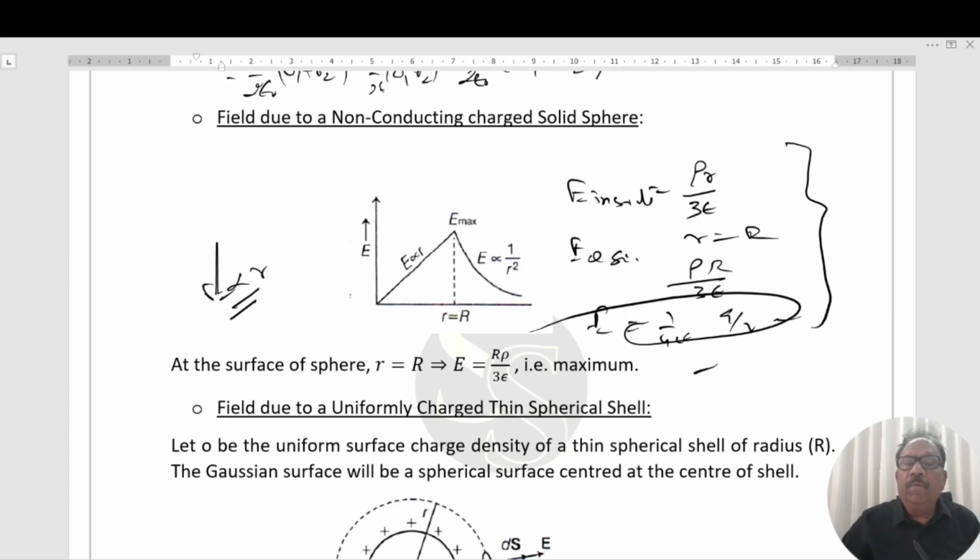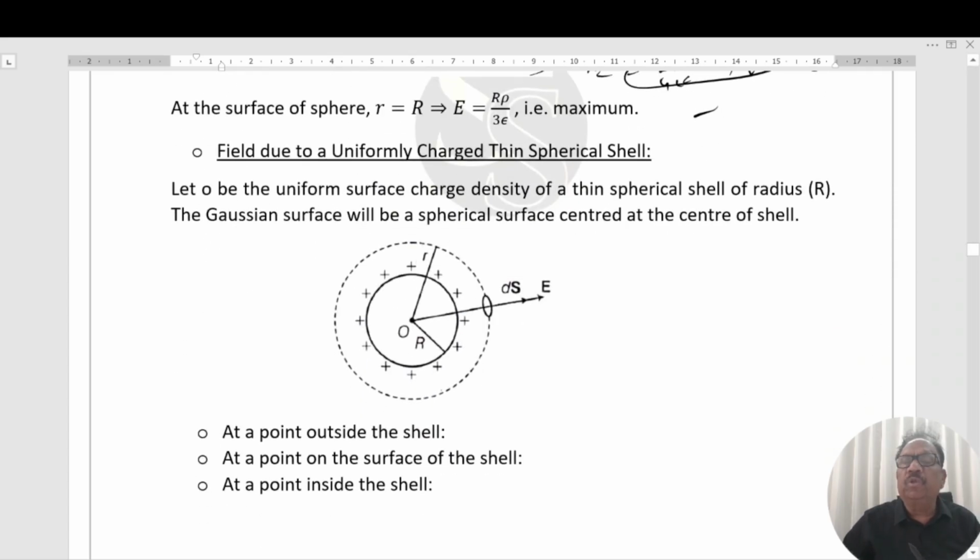Field due to a uniformly charged thin spherical shell. Sigma is the uniform surface charge on a thin spherical shell of radius R. The Gaussian surface is spherical. Outside, E equals 1 over 4 pi epsilon naught Q upon r square.